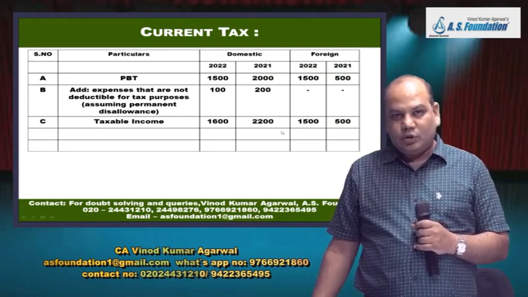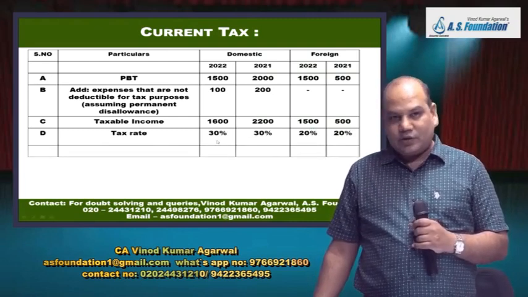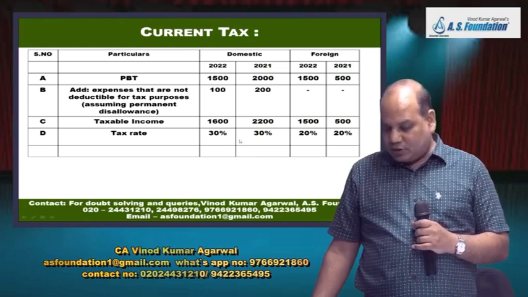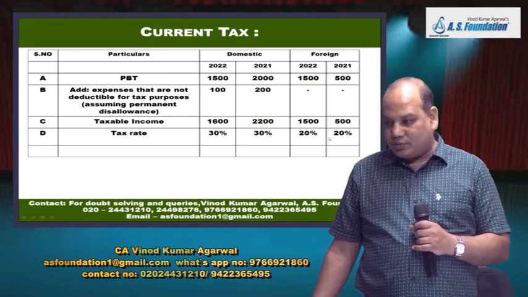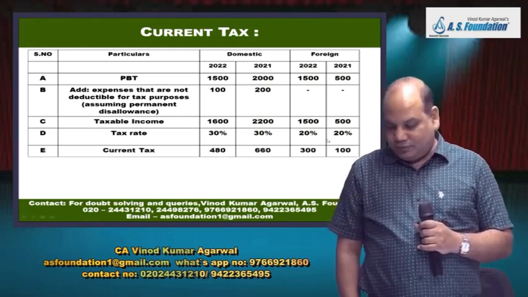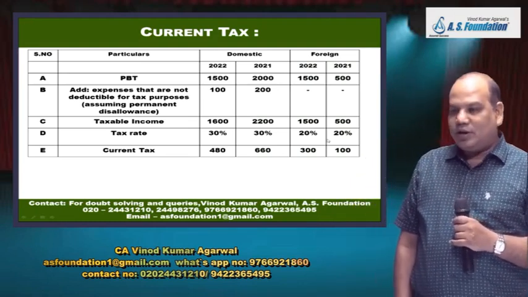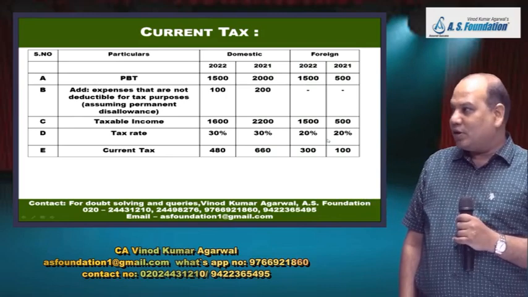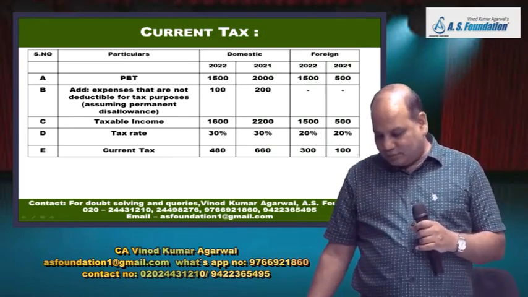1600, 2200, 1500, 500. Tax rate 30%, 30%, 20%, 20%. Current tax 480, 660, 300, 100.